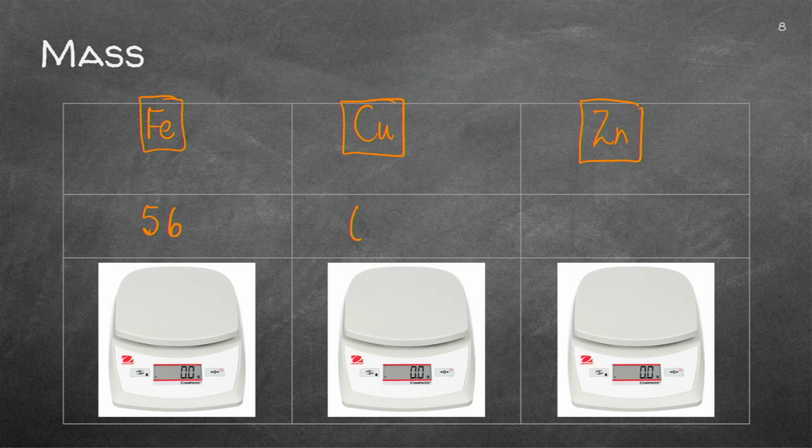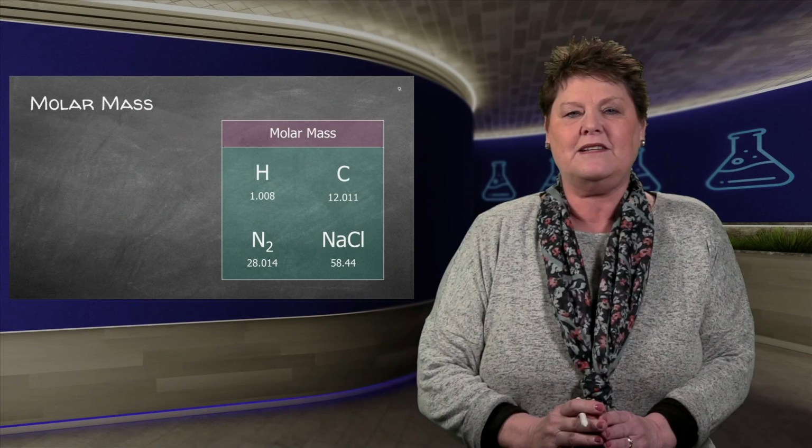Copper is 63.5. And zinc is 65. Now, we're going to discuss it just now. I wanted you to have a look at this number at the bottom to see what does it mean for every specific element.